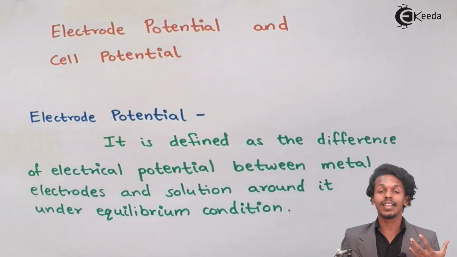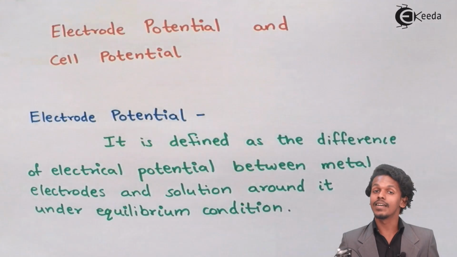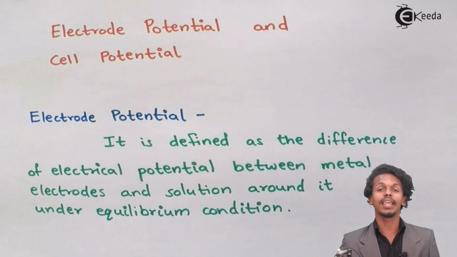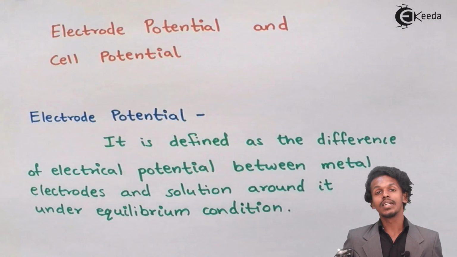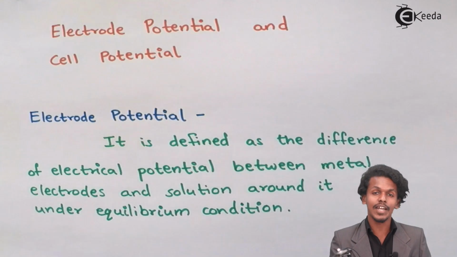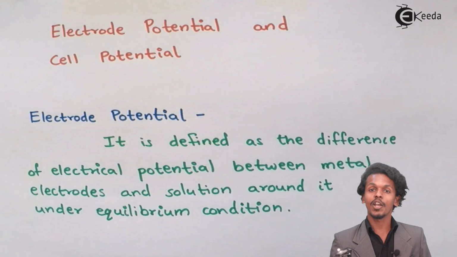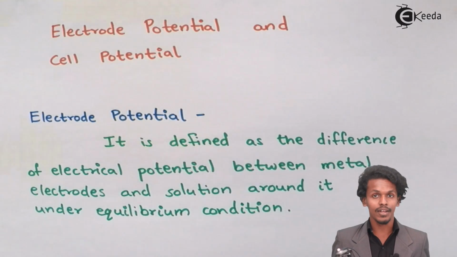When the reaction occurs at equilibrium, a potential is created, and that potential is said to be the electrode potential of that particular electrode. So let me give an idea of how this kind of potential is generated when a metal is kept in a solution of its own ion or in another ion also.